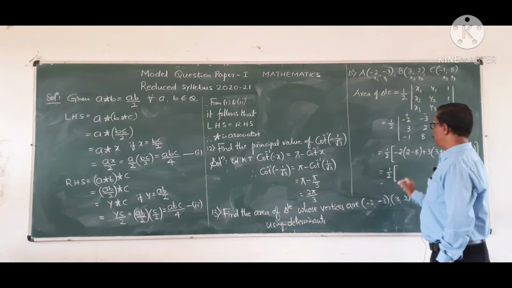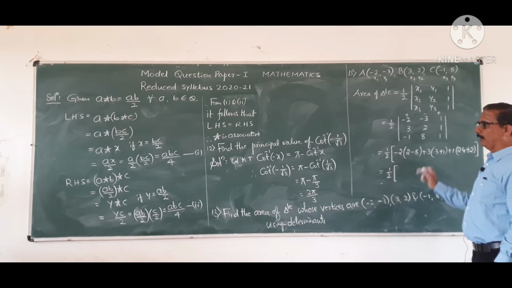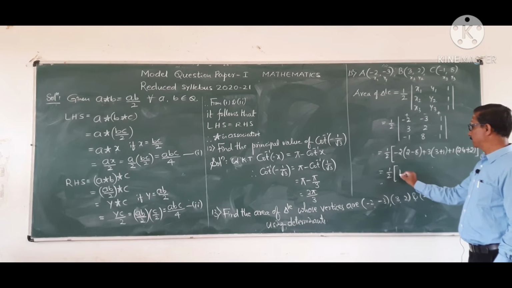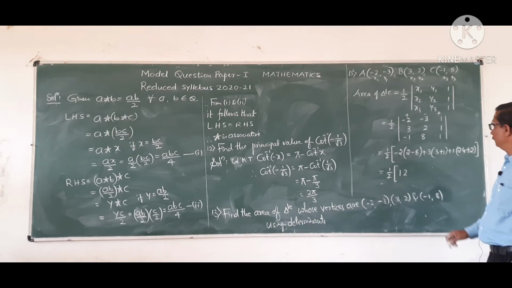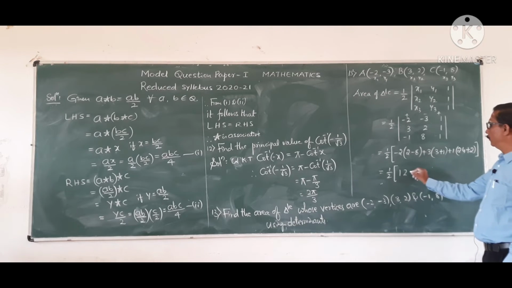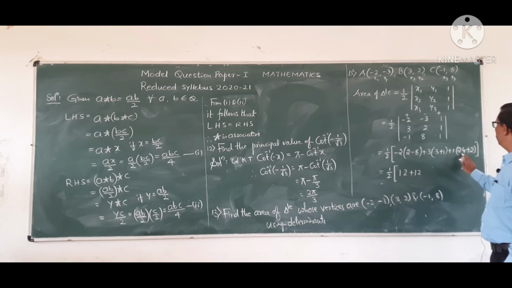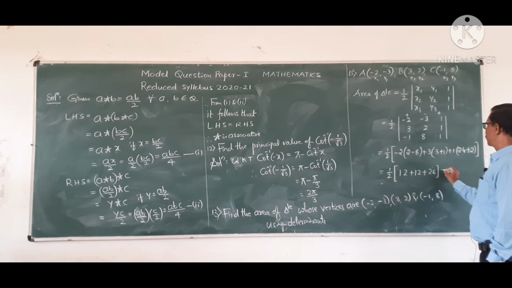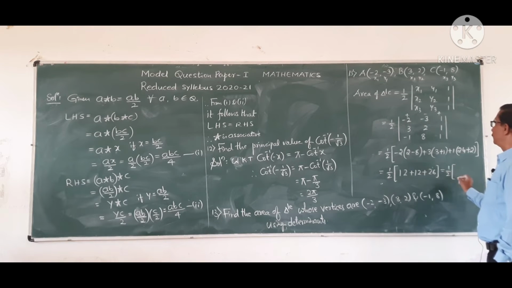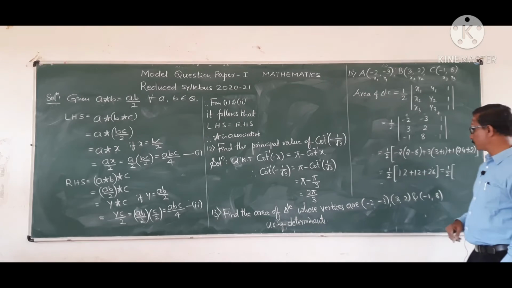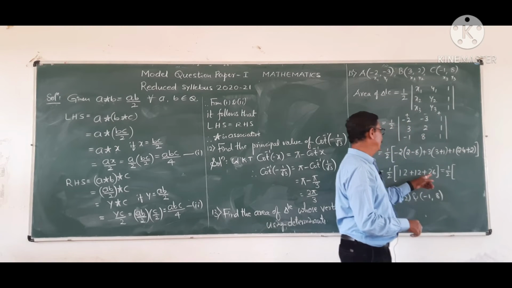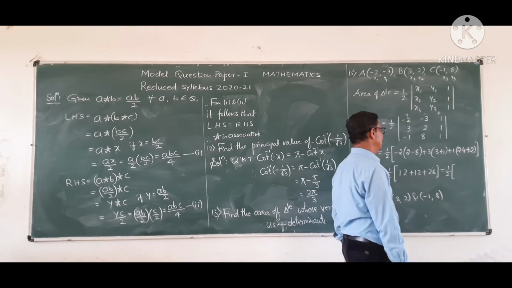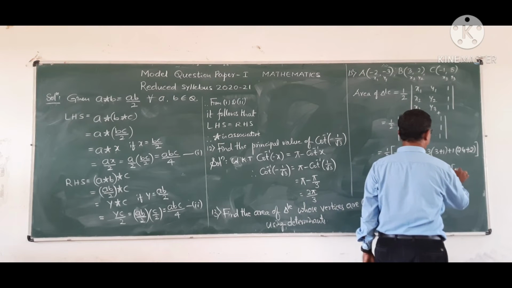So 1 by 2 into, simplify: 2 minus 8 is minus 6, minus 6 into minus 2 plus 12. 3 plus 1 is 4, 4 into 3 plus 12. 24 plus 2 is 26. So that is 1 by 2 into 12 plus 12 is 24, 24 plus 26. How much? I think 50.